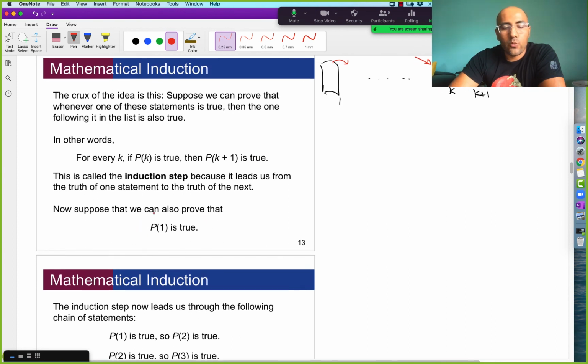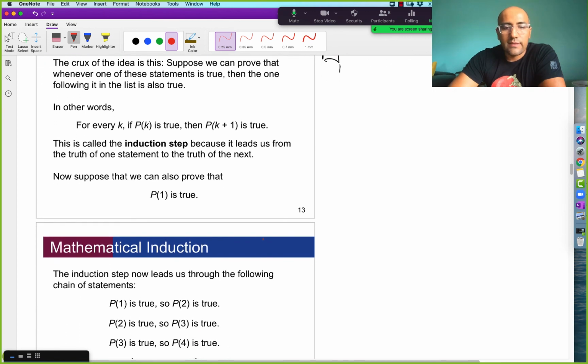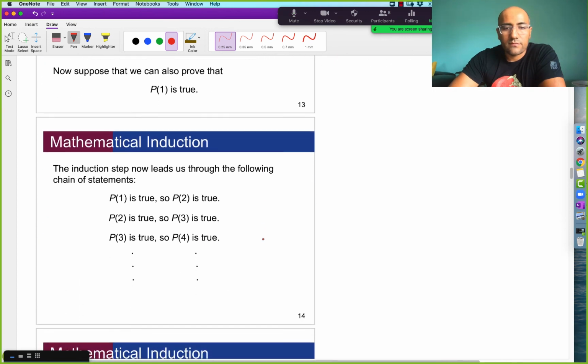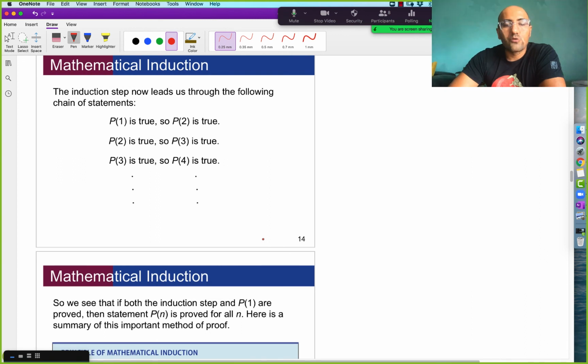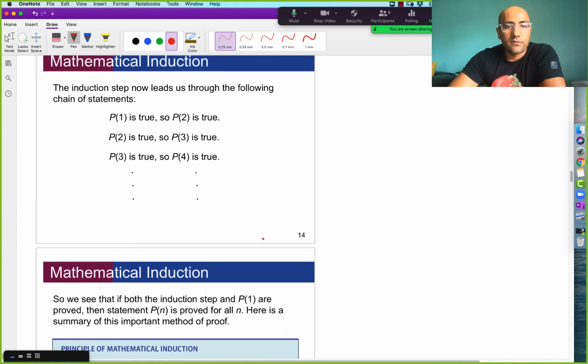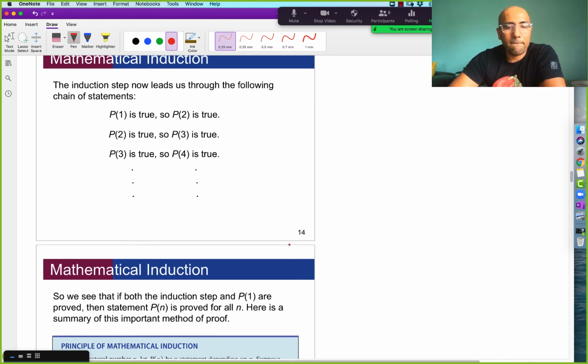Coupled with knowing that the first one is true, along with this induction, if we can prove this induction step, then that allows us to conclude that the statement is true. Right, that would be the proof by induction. So if the first one is true, and the second statement is true, and so on and so forth, all the way down, we've proven that it works for all values.